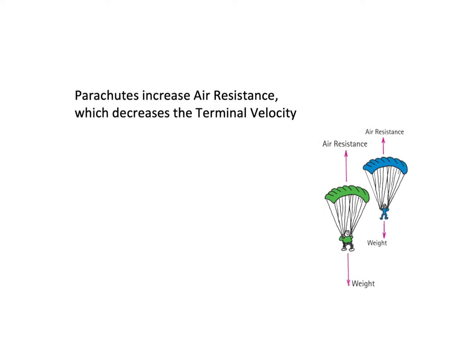And so the person won't have as much time to go faster and faster and faster, and so it will slow them down. And so that's the main purpose of the parachute, is it increases the resistance to reduce your terminal velocity. And so when you land on the ground, you don't get splattered on the ground, you can actually just land on it.